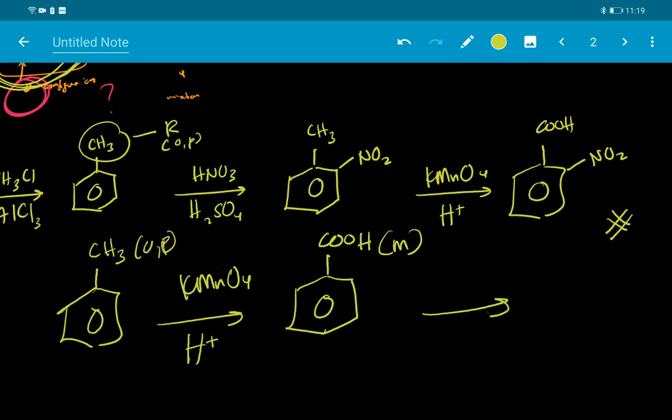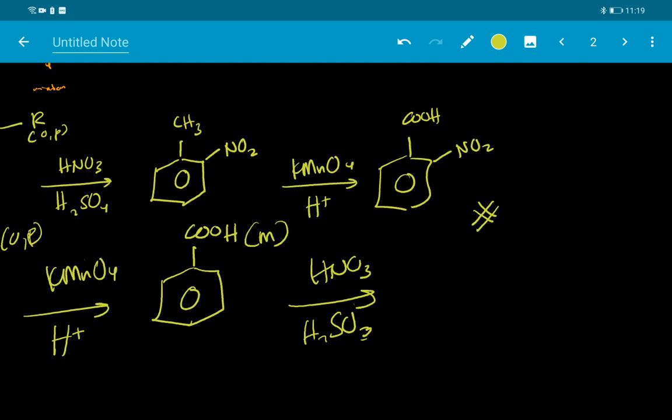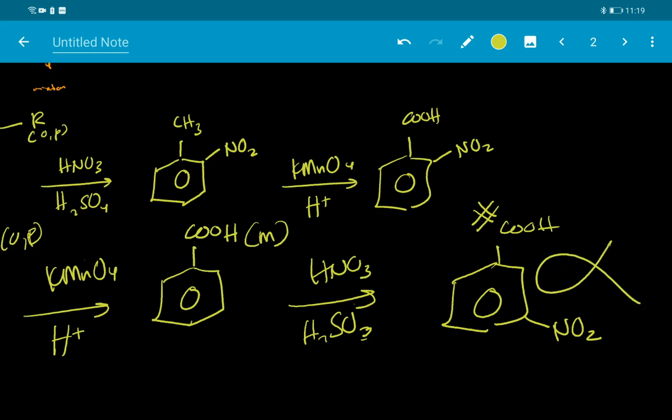So after we add the nitro afterwards, by adding nitric acid together with the sulfuric acid, instead of going to the ortho position, it will go into the meta position, which is not the desired structure that we are looking for. So that's why the NO2 must be inserted before the oxidation is executed.